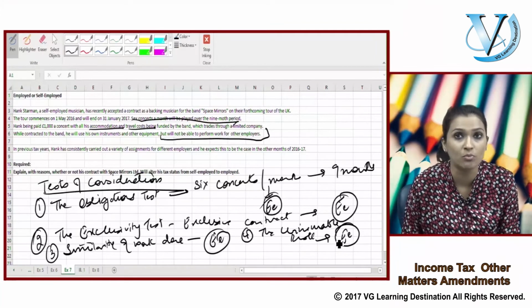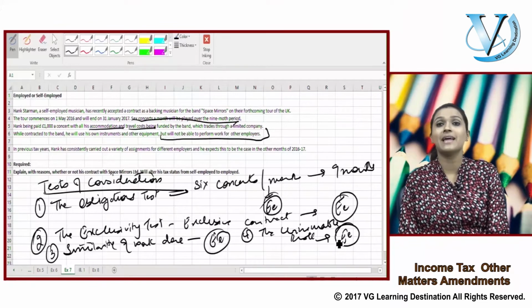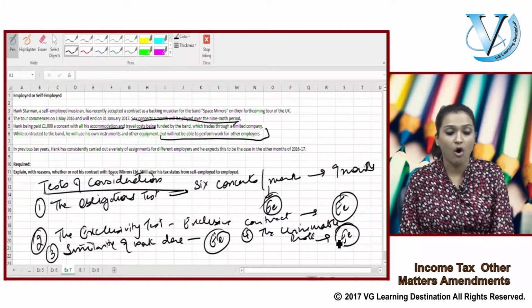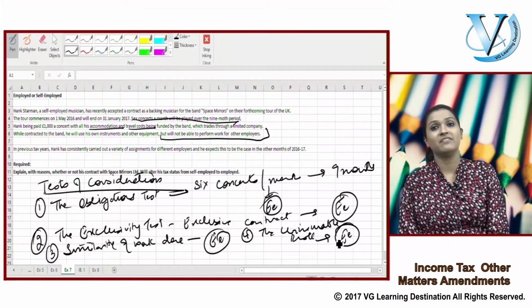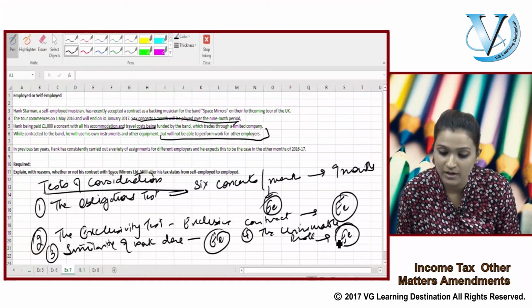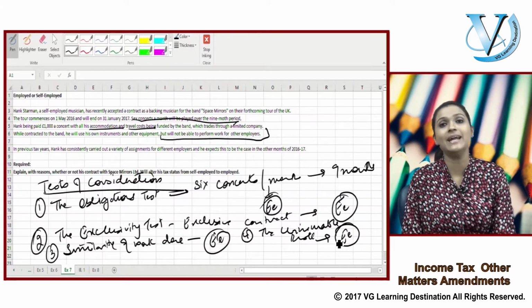So we can conclude by saying that by looking at the facts of the case, it looks like HMRC is going to determine that the status of Hans Starman for the year 16-17 is very well an employed person of a company known as, what is the company's name? Not given, just a limited company.